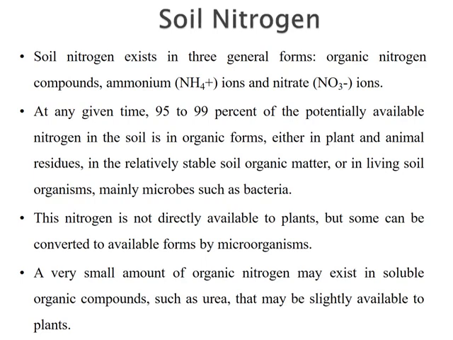This nitrogen is not directly available to plants, but some can be converted to available forms by microorganisms. A very small amount of organic nitrogen may exist in soluble organic compounds such as urea that may be slightly available to plants.